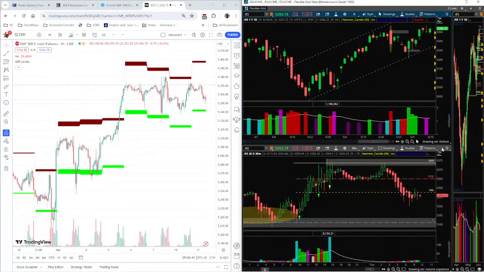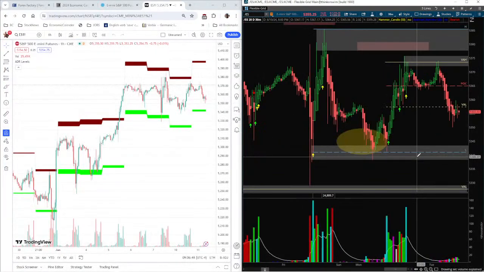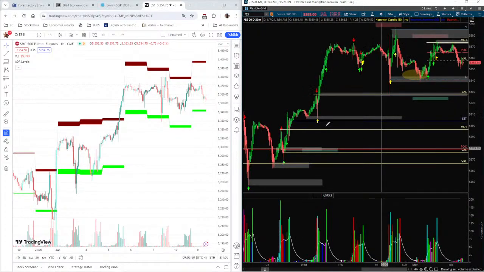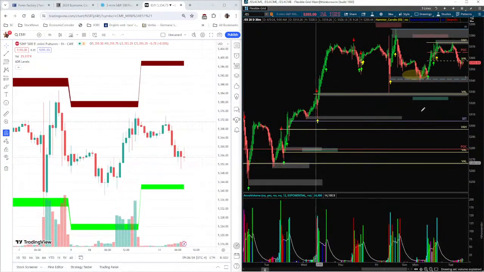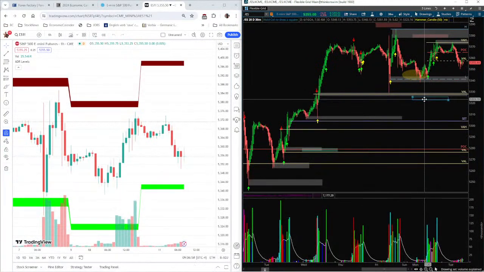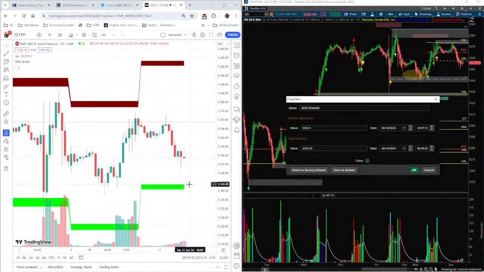I'll use this Heikin-Ashi chart here, and let's zoom in. We're going to do ADR demand, ADR low. This is 5343.